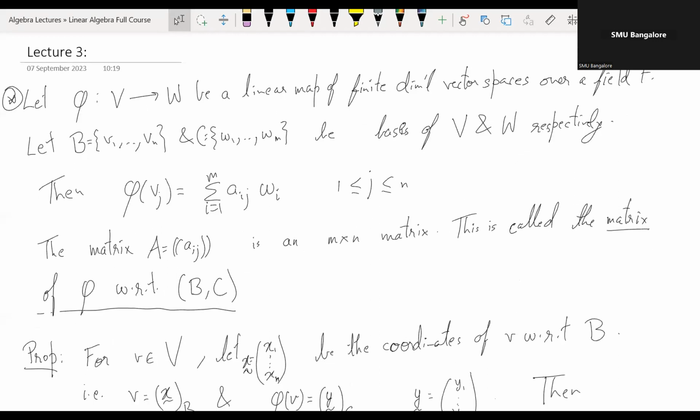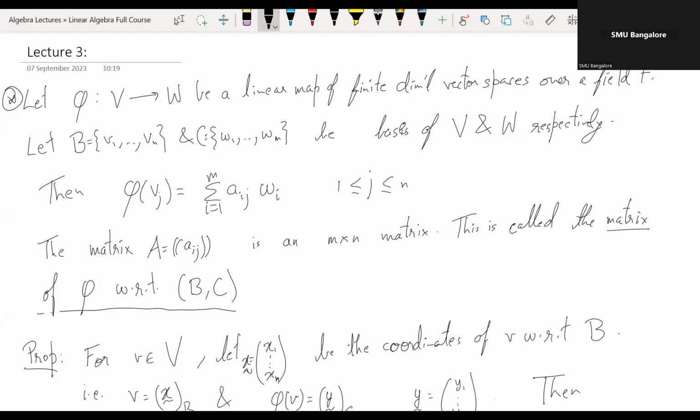Okay. So let phi be a linear map from the vector space V to the vector space W. These V and W are assumed to be finite dimensional vector spaces over a field F, and let B be a basis consisting of V1 to Vn, and C a basis consisting of W1 to Wm.